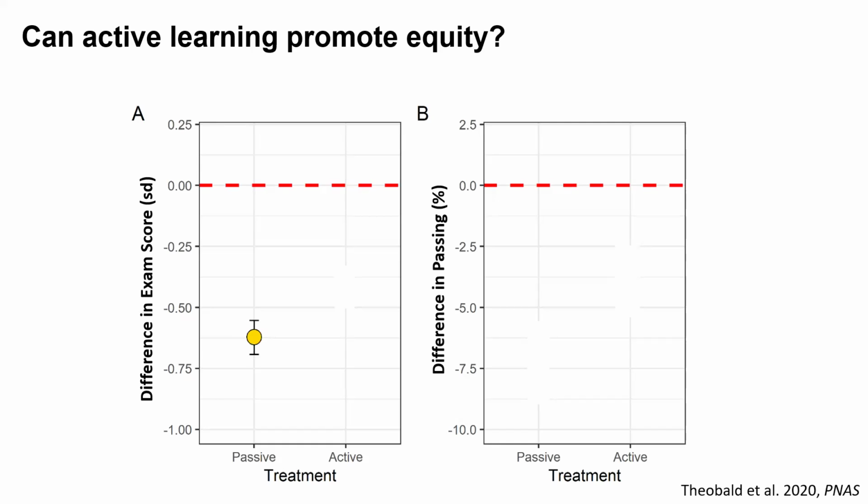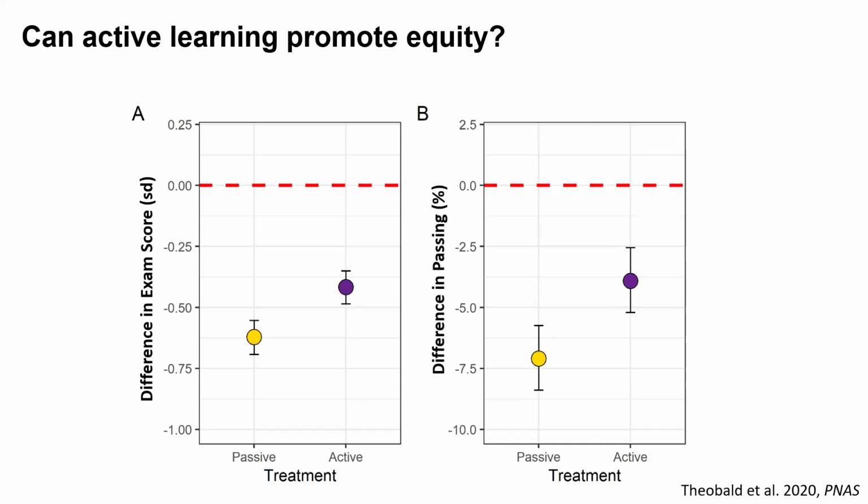And what we see is actually notable in my opinion, because this is that half a standard deviation. On average, students in universities across the nation score half a standard deviation lower. Minoritized students score half a standard deviation lower on their exam scores in passive learning classes compared to their majoritized peers.